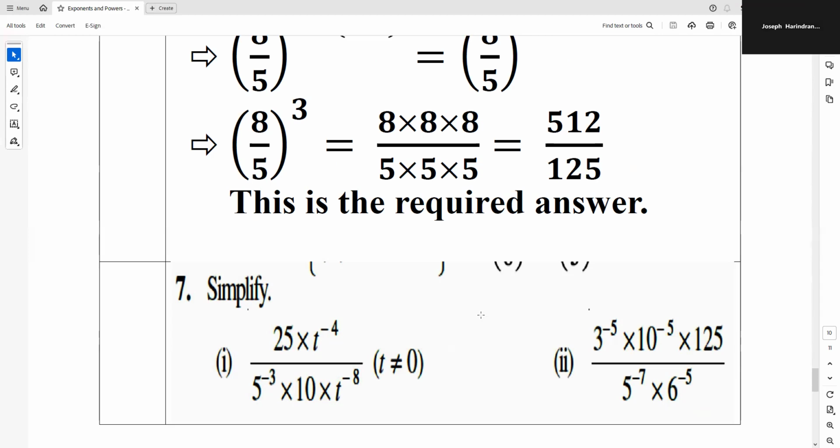Here again we have powers of 2 and 3, because we have 6 there, so 6 is written as 2 into 3, whole raised to the same power but different bases. So 2 to the power minus 5 into 3 to the power minus 5, and 3 to the power minus 5 will obviously get cancelled with the numerator. So like that we can proceed. Try to do that and find the solution.